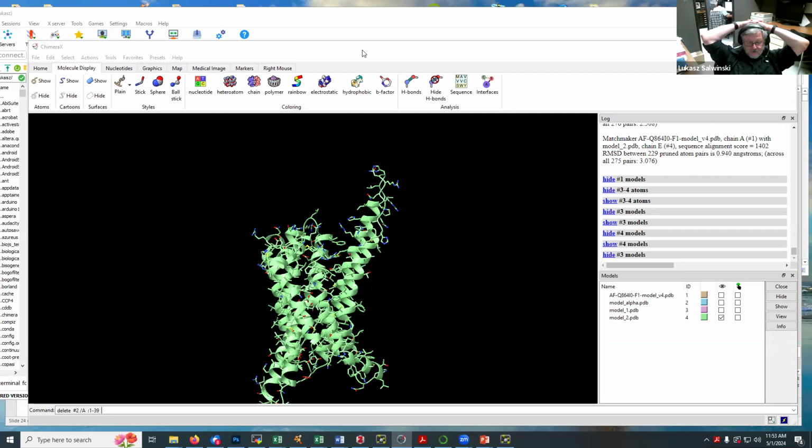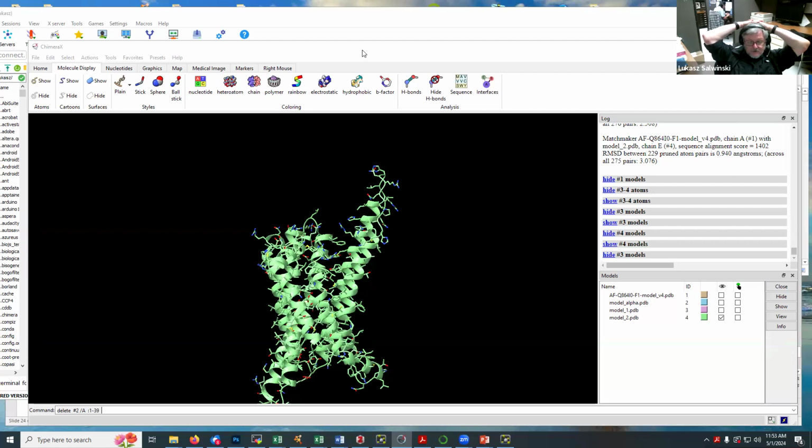Personally, if I had a choice between AlphaFold and a close experimental model, I would probably use a model based on a closely related sequence. It would most likely be a little bit better than whatever AlphaFold is saying, but it's worth comparing.